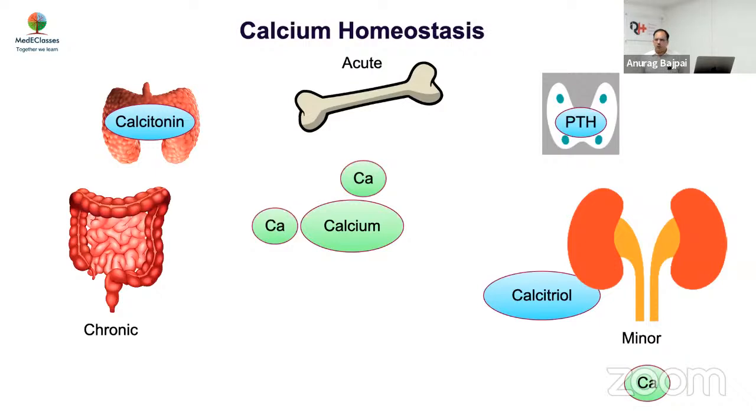Similarly, when you remove the thyroid gland completely, you're also removing the source of calcitonin and you do not develop hypercalcemia. So calcitonin is a borderline player in terms of overall regulation.